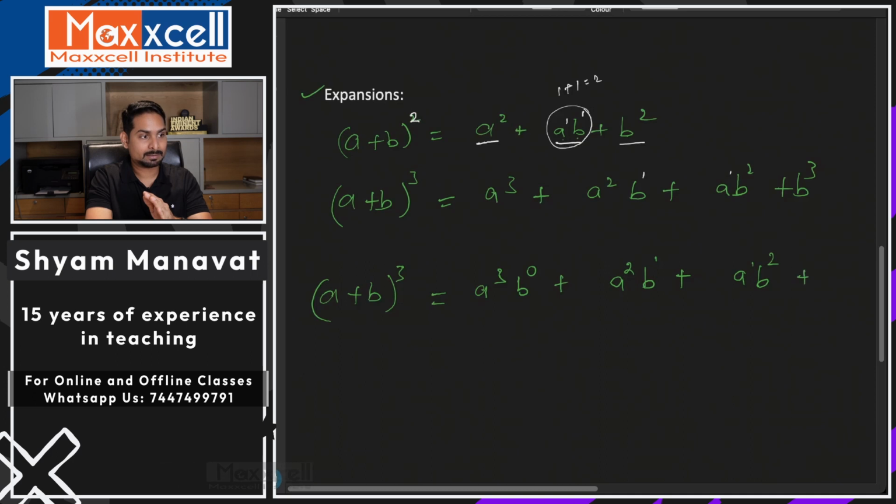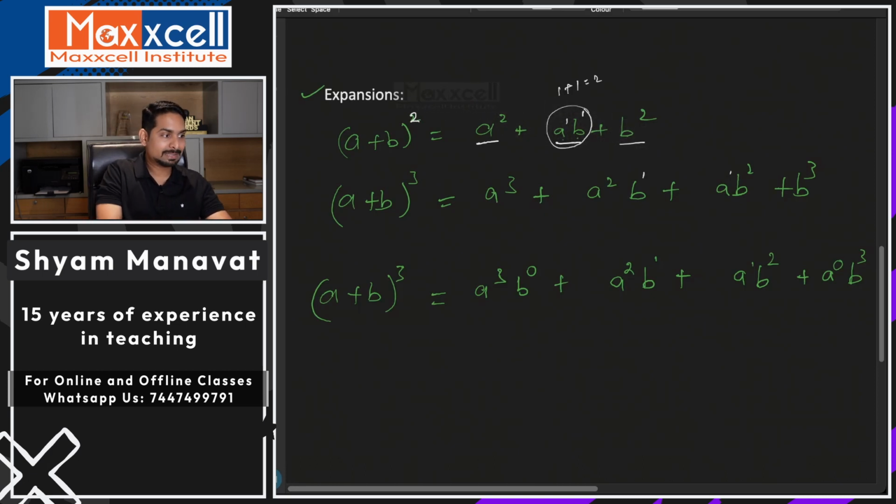Power of a reduced, power of b increased. As of now, we are not talking about the numbers. We had a square plus 2ab plus b square, and a cube plus 3a square b plus 3ab square plus b cube. I will talk about those numbers also, but first understand the change in behavior of a and b.